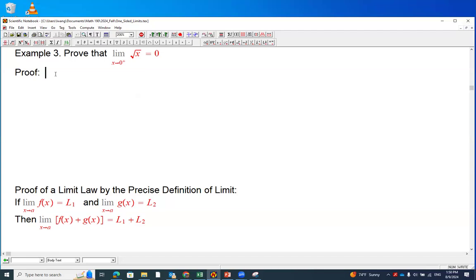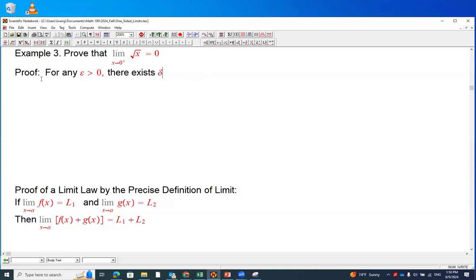We start with: for any epsilon greater than 0, then I would say there exists delta. How am I going to choose my delta?